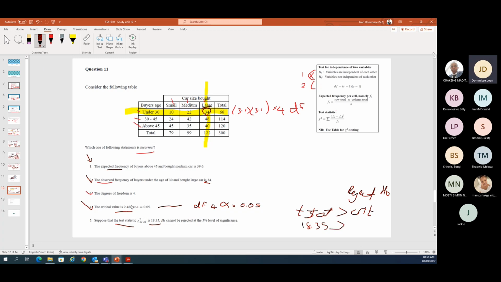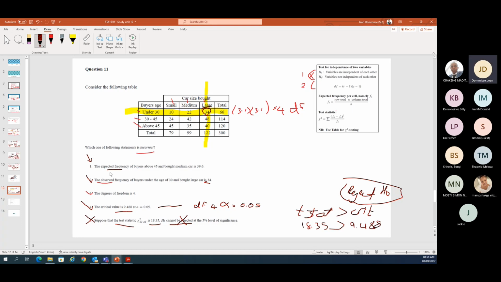We know the critical value is 9.488. So that's bigger than that. We reject H0. The statement that H0 cannot be rejected is the wrong one, because we said it should be rejected.